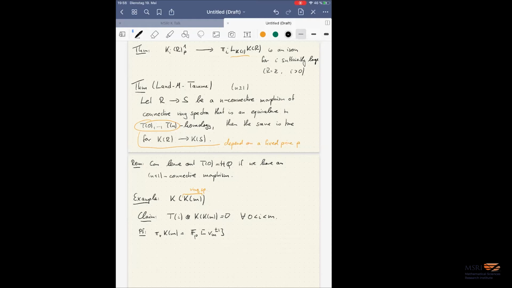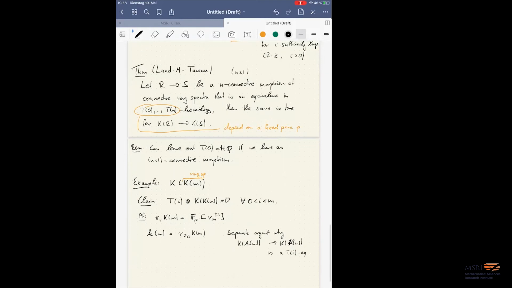But I can do a thing, namely I can take lambda K_m, which is the connective cover, and as a separate argument, why this thing is a T_i equivalence.